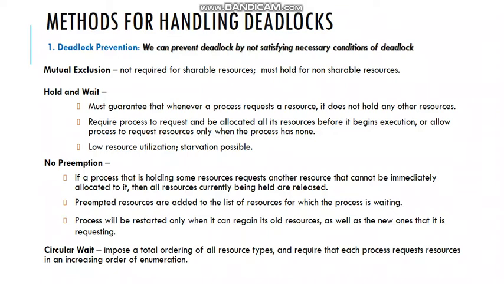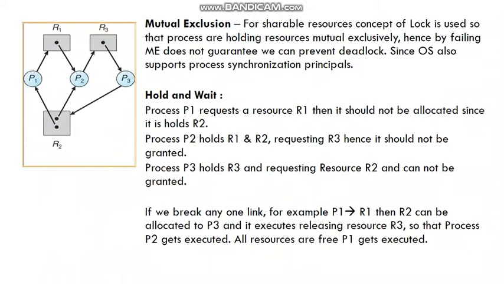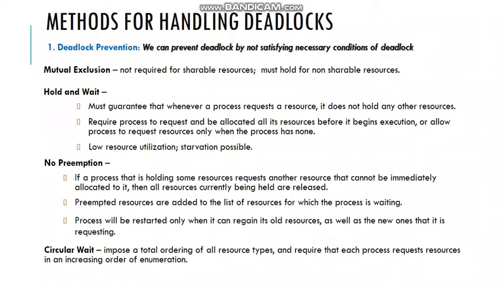So in deadlock prevention, what we are trying to do is we make some protocols or algorithms where any one of the conditions becomes false, or we can prevent the deadlock by not satisfying the necessary condition of deadlock, any one of the conditions. So mutual exclusion, or hold and wait, no preemption, or circular wait.